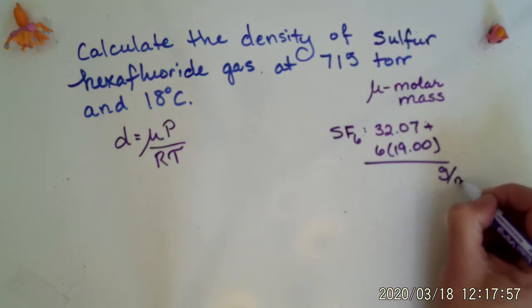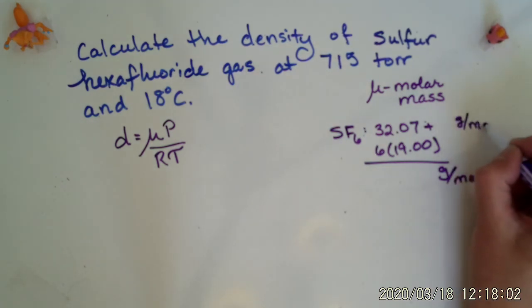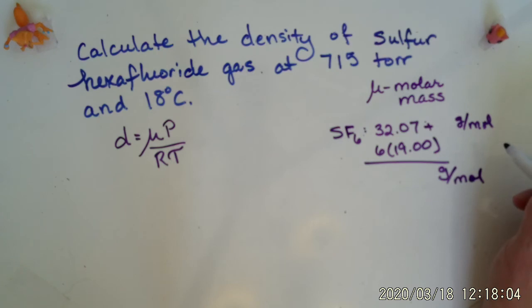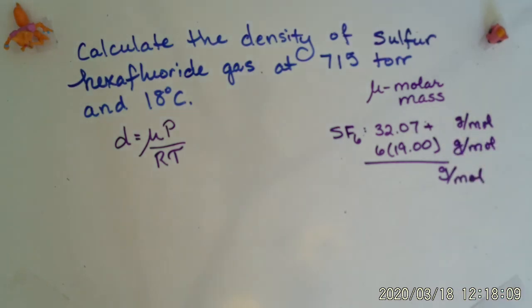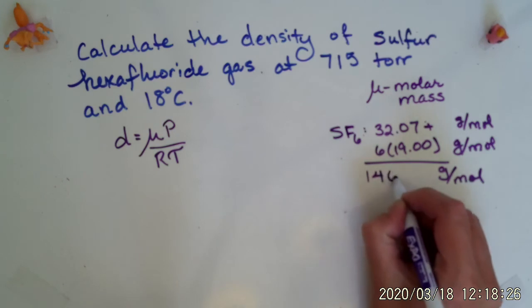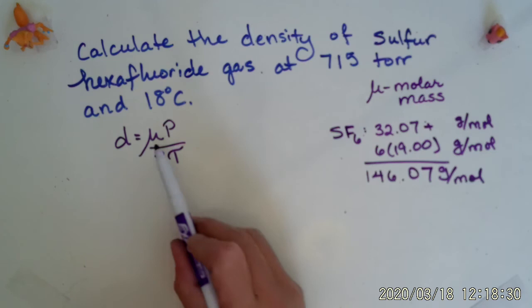So our units will be in grams per mole. And what we get is 32.07 plus 6 times 19, and now we get the value 146.07 grams per mole.